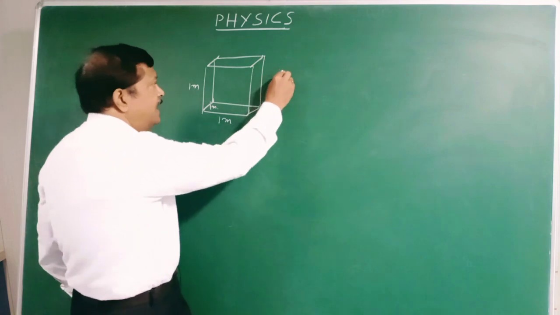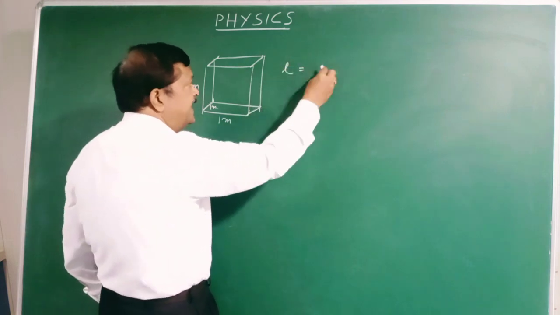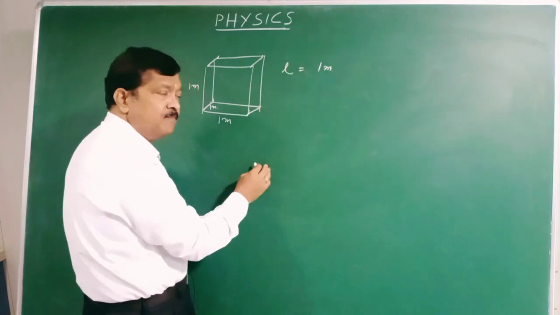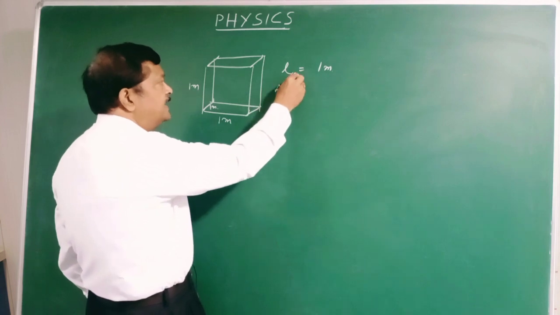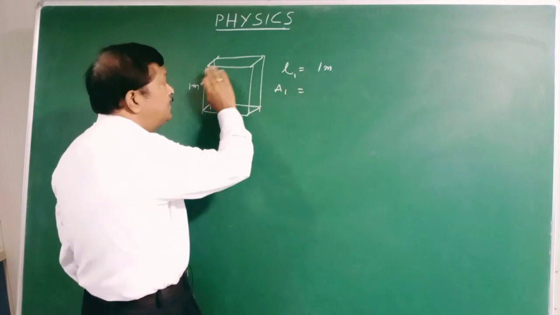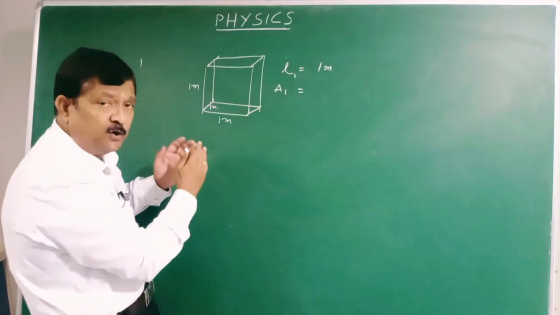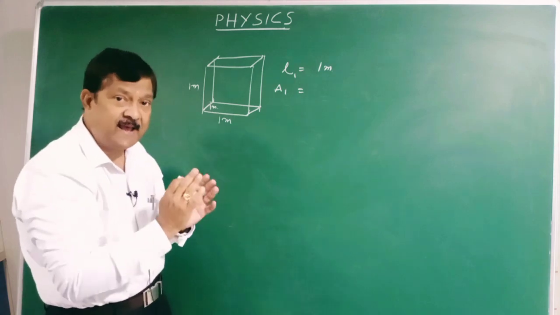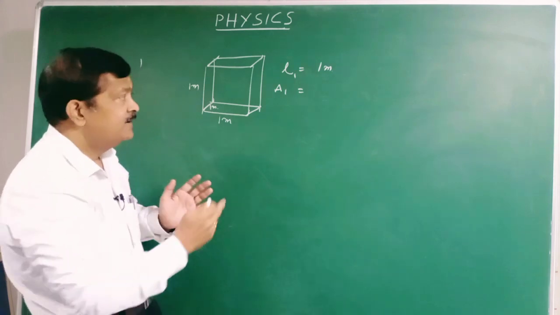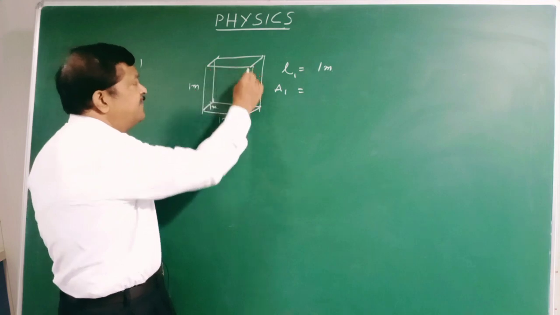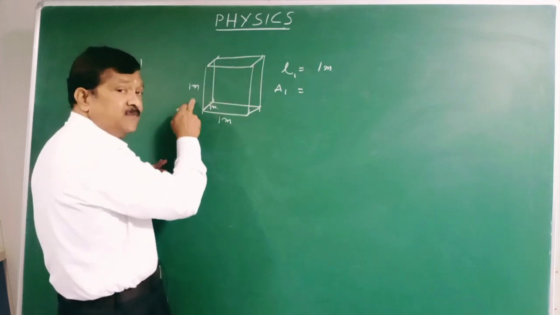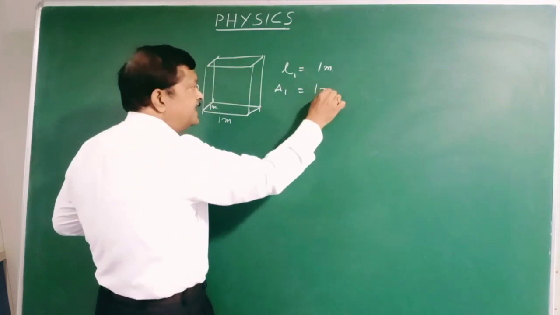That means the length of the cube in any direction is 1 meter. If you consider the initial area, you take any face, because it is a cube, each face is a square. So the area for any face is 1 into 1, so it is 1 meter square.